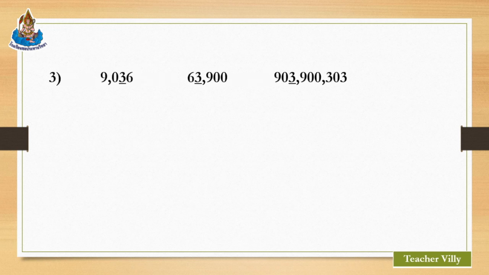Number 3. We have the numbers 9,036. Next number we have 63,900. And the third one we have 903,900,303. So which of these numbers has the underlined digit with the greatest value?